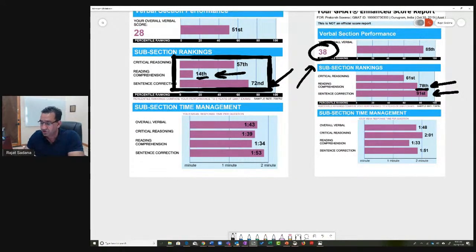He answered much more difficult questions in RC, and the timing more or less remained the same. In sentence correction, he answered more difficult questions correctly. He improved from that 72nd percentile here to that 91st percentile. His timing more or less remained the same.